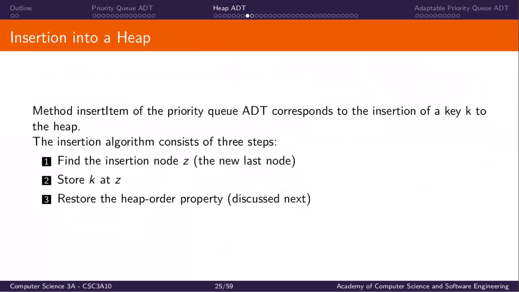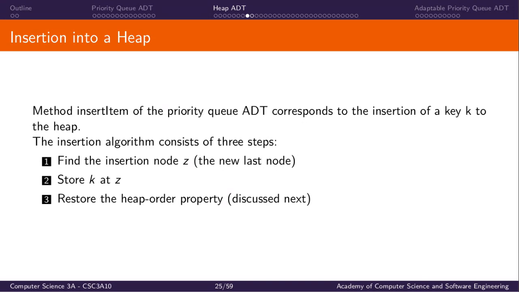So keeping track of that very last one, our method to insert items into this priority queue will now be equivalent to inserting a key k into our heap. And insertion consists of 3 steps. We're going to find the insertion node z.